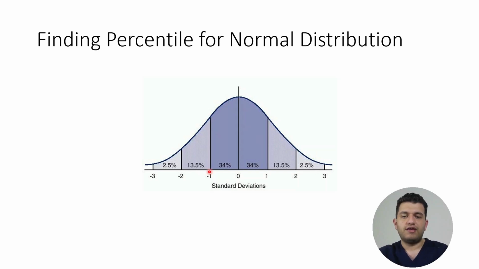Now the feature here is that between -1 standard deviation and +1 standard deviation, you have 68% of the responses.